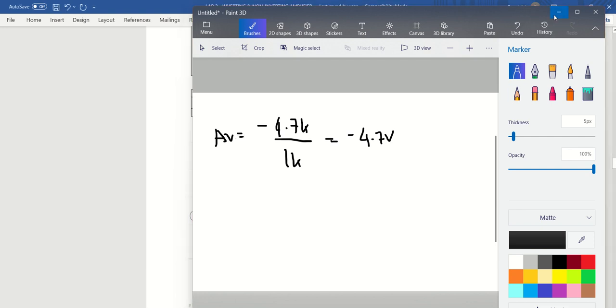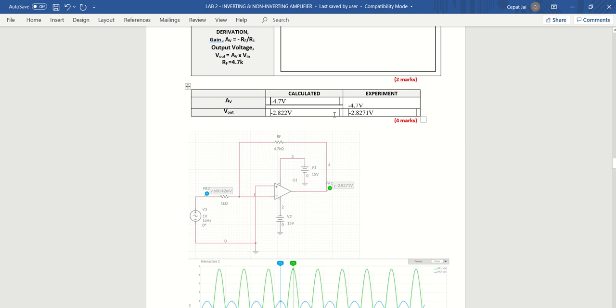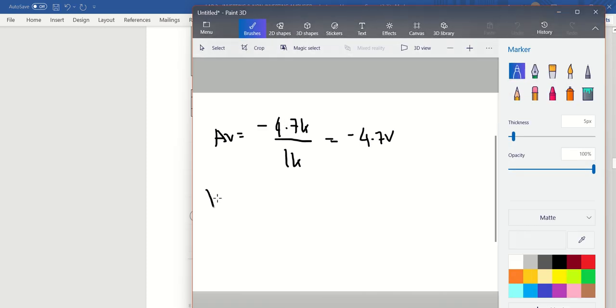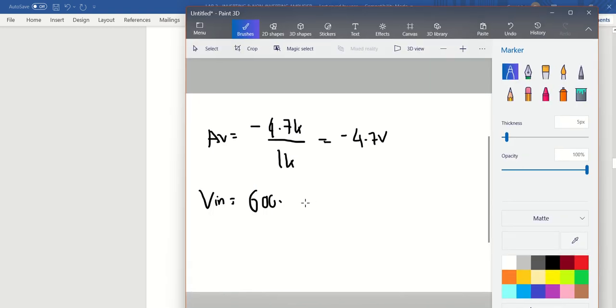Next, how I get the V out. V out is equal to voltage gain times voltage in. My voltage in is 600.42 millivolt.